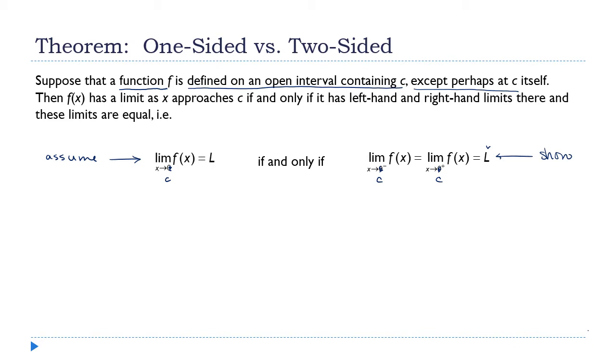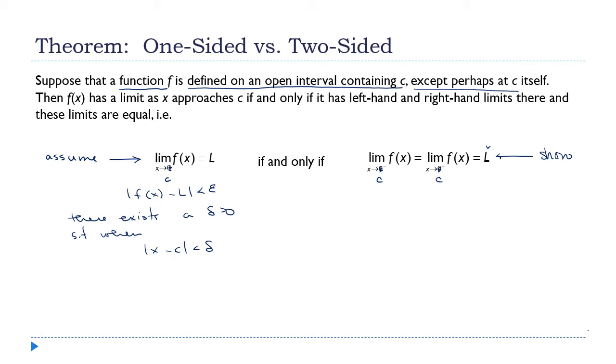Well, our definition says if this limit exists, then for every epsilon, sorry, I should have said epsilon there, there exists a delta such that the absolute value of f of x minus L is less than epsilon when the absolute value of x minus c is less than delta.